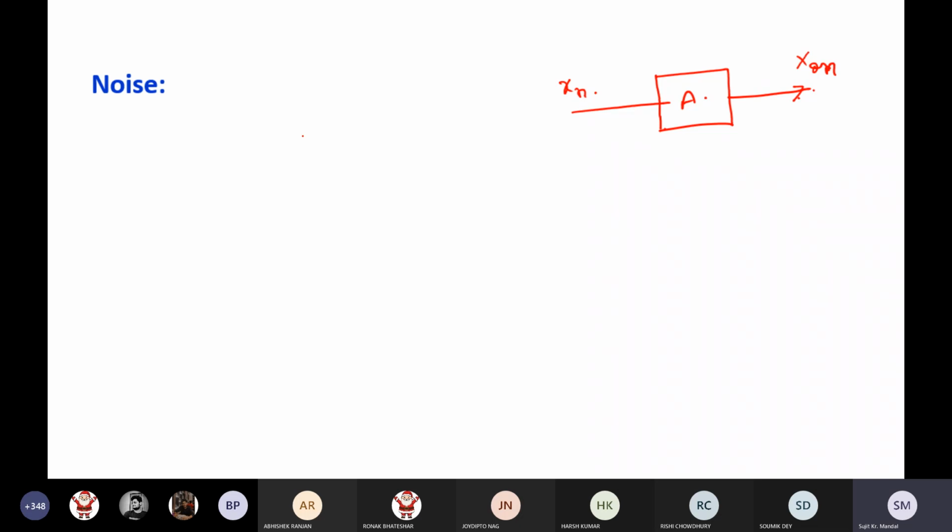That noise will increase if I use a loudspeaker or a microphone and increase the volume. Along with my sound, the noise will also be input. Noise will be amplified. So if Xn is the noise input to the amplifier, the corresponding output X0n is given by A Xn, right? This is without feedback.